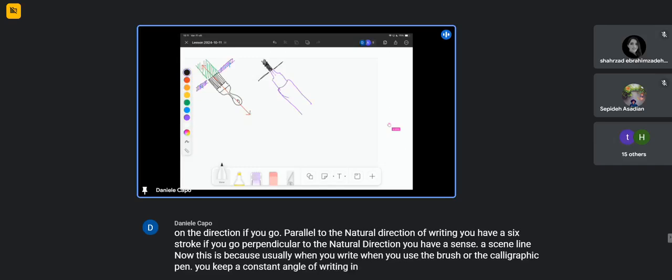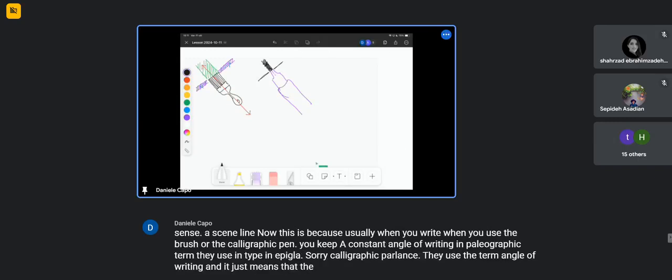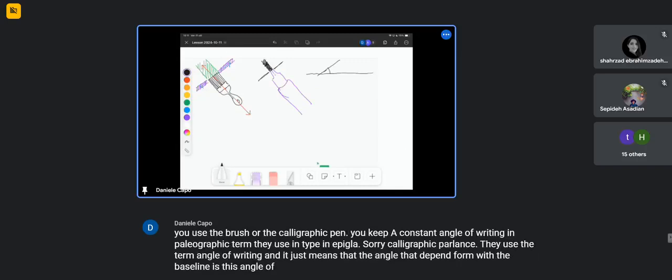In paleographic parlance, they use the term angle of writing, and it just means the angle that the pen forms with the baseline.